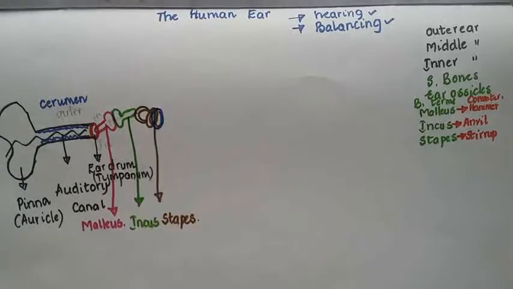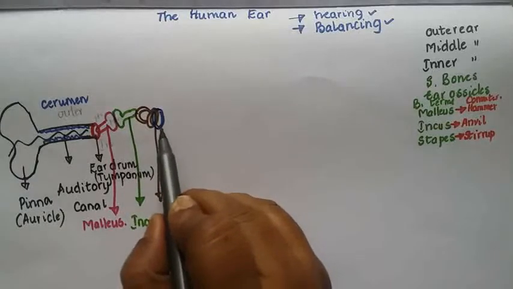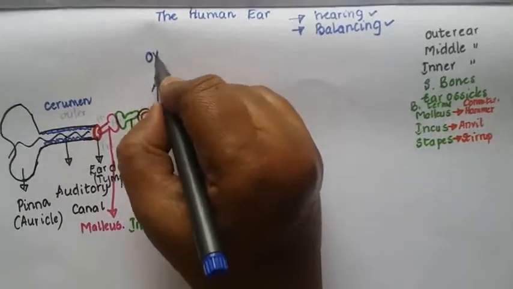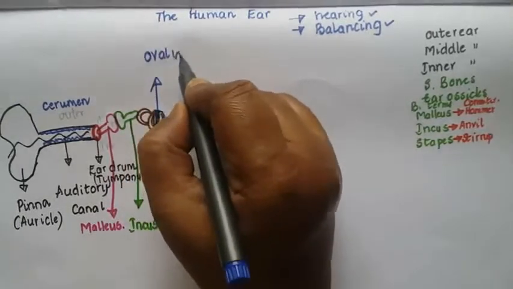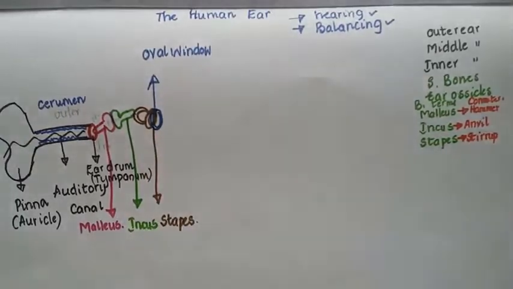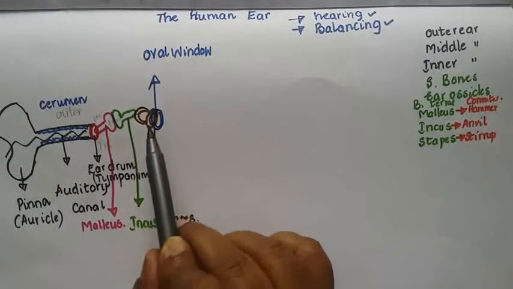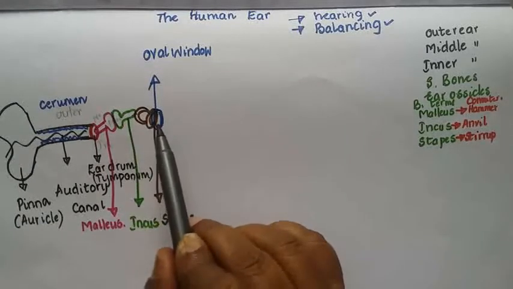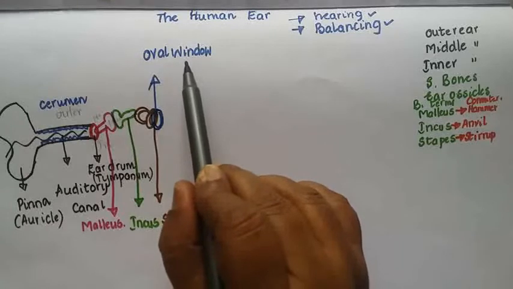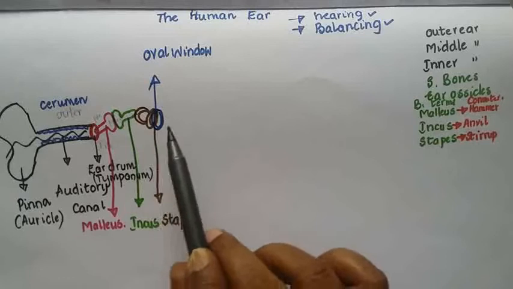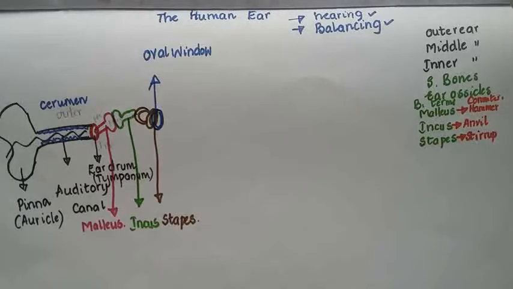This opening which is covered by a membrane, we name it as the oval window. So what is the oval window? The base of the stapes is attached to the opening known as the oval window, which is covered by a thin membrane.